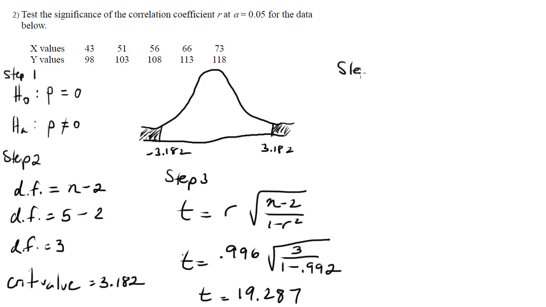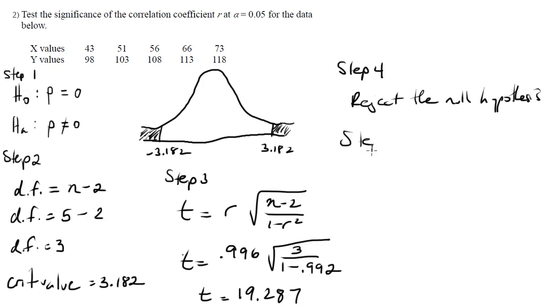So t is 19.287. Okay, so that's our test value. Step 4, make a decision. This test value, 19.287, is definitely bigger than 3.182. So it's in the rejection region, and the decision is to reject the null hypothesis.